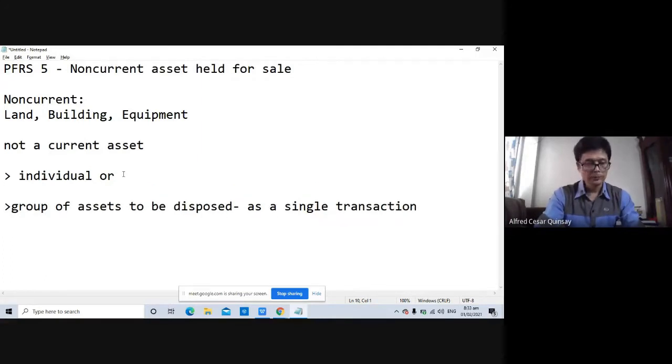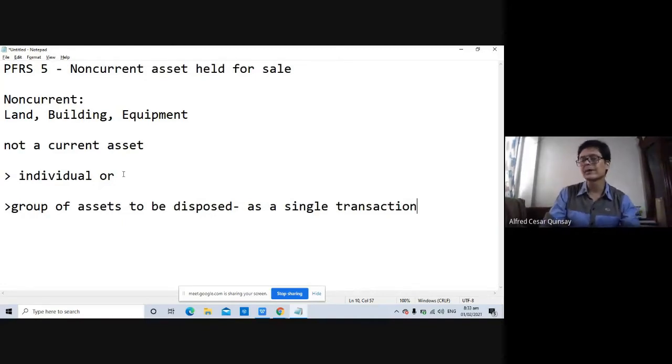So a disposal group is a group of assets to be disposed of by sale or otherwise, together as a group in a single transaction, and liabilities directly associated with those assets that will be transferred in a transaction. Halimbawa, let's say nagbenta ng mga sasakyan yung isang company.